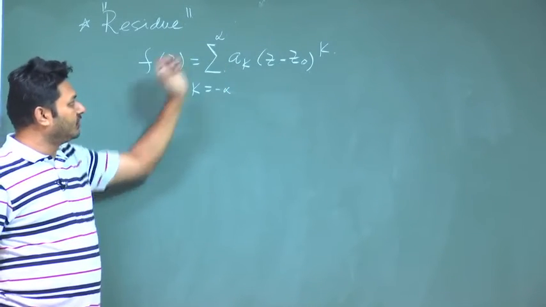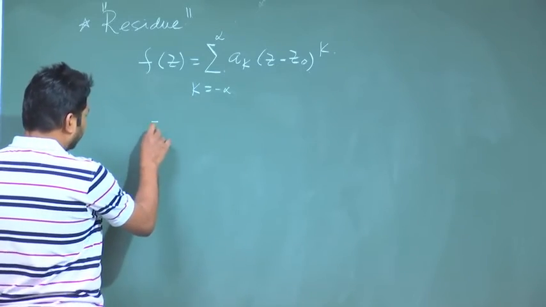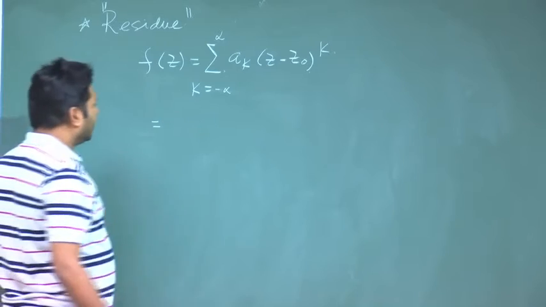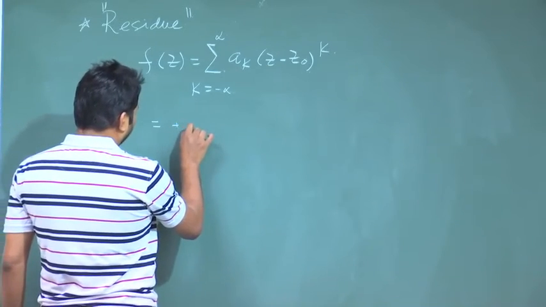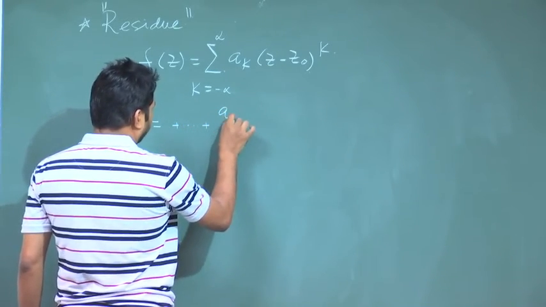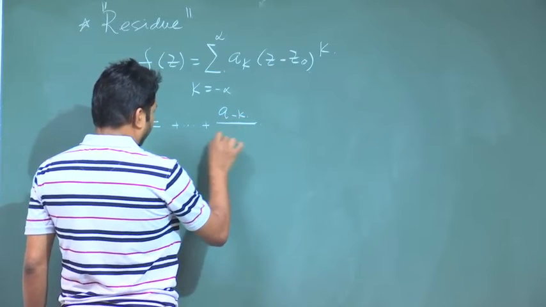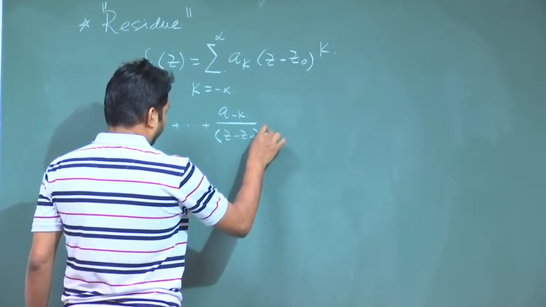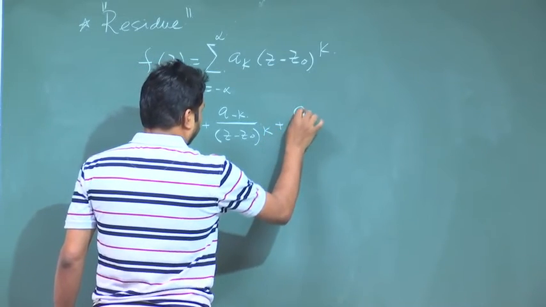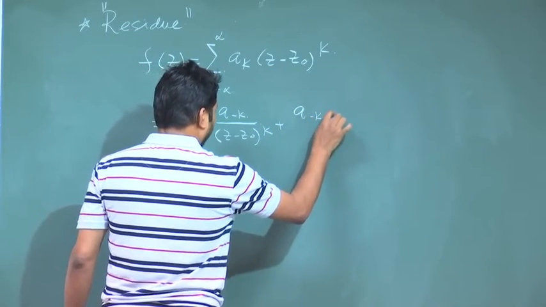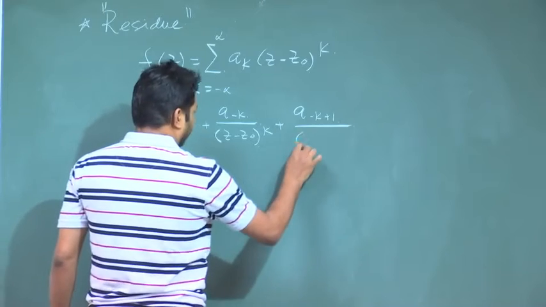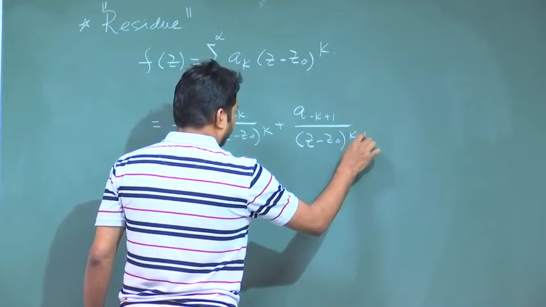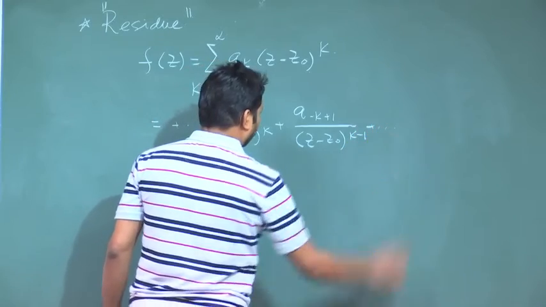So, from minus infinity to infinity, if I write this out, it will be ... plus a minus k (z minus z0) to the power of k, plus a minus k plus 1 divided by (z minus z0) to the power of k minus 1, and so on.